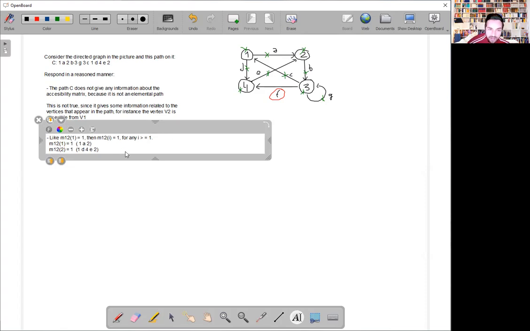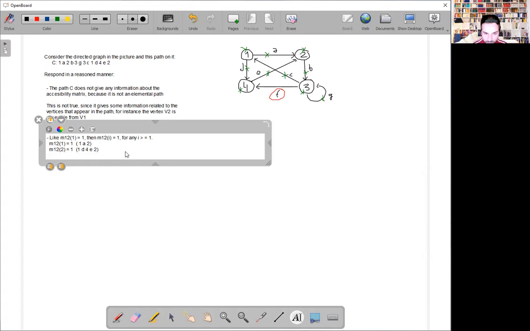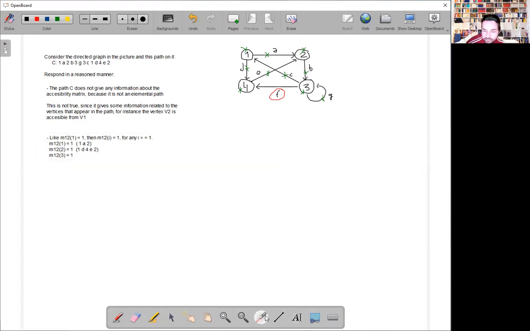So let's check if there is a path of length 3 from 1 to 2, if the accessibility matrix of order 3 has a 1 in the position 1, 2. Is there any way of going from 1 to 2 through a path of length 3? Imagine if first I go to 4, then I only can go to 2.